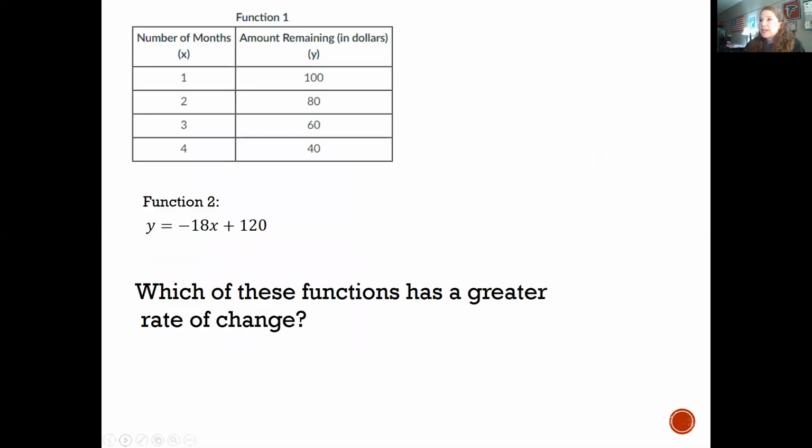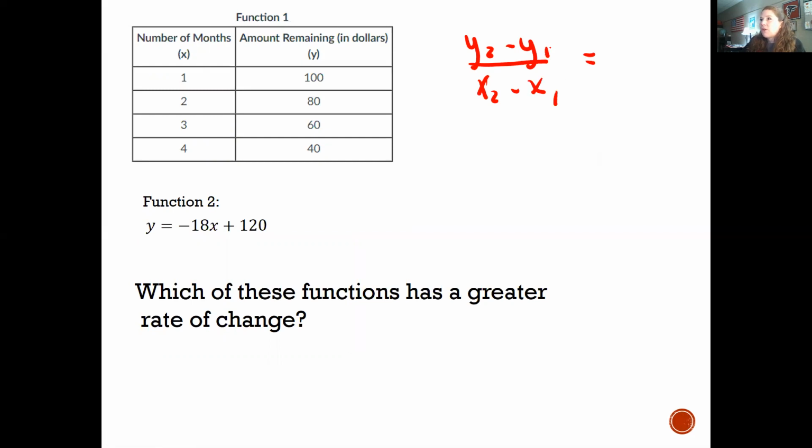All right, so here is a good question. We have function 1 and function 2. The question is, which of these functions has a greater rate of change? Hopefully you got to go back to last semester. Remember when we found our rate of change is y2 minus y1 over x2 minus x1.